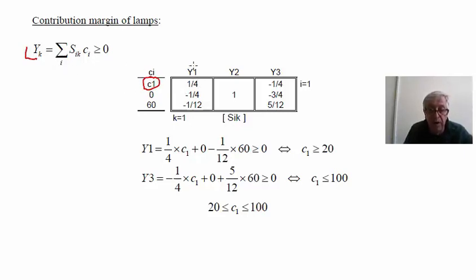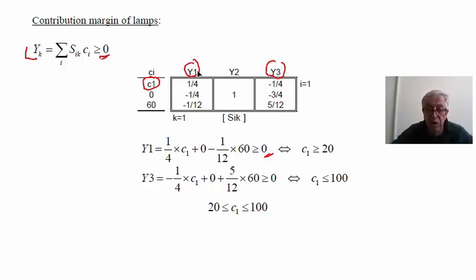For example, the shadow price of resource number 1 is the internal product of this column by this vector, and we require that it remains positive. Shadow price of resource number 2 was 0, is not considered, and we have shadow price of resource number 3, which is also greater than 0. So we do the same analysis.